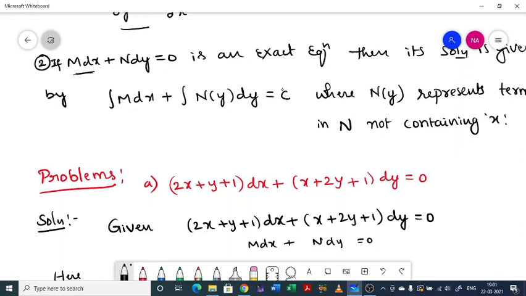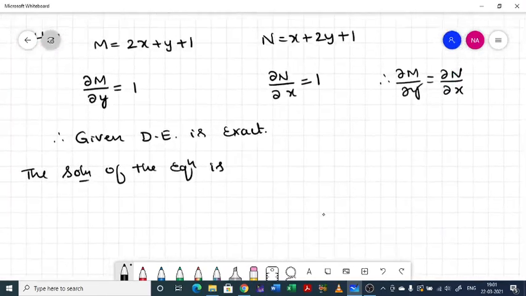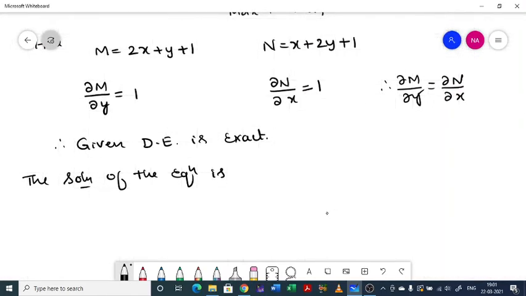Here you have to remove terms containing x and integrate with respect to y. Obviously, the integral of 0 you can take as a constant. For this problem I'll write the formula; next time I'm not going to write the formula, I'll write the solution directly.